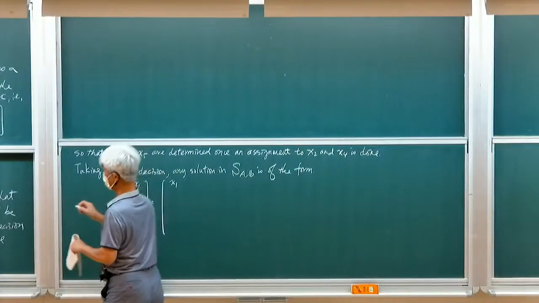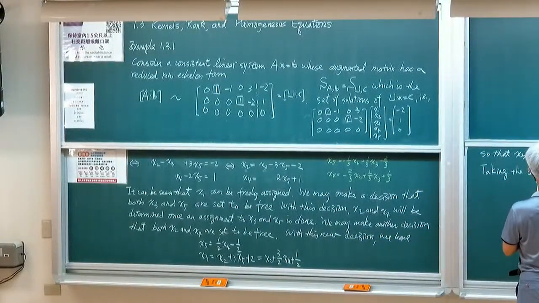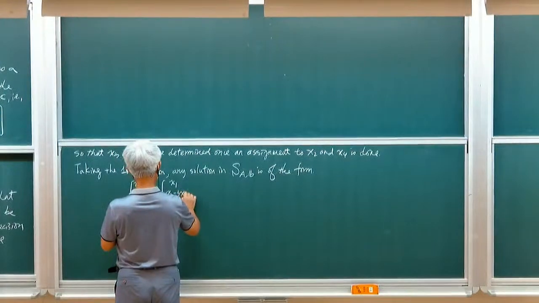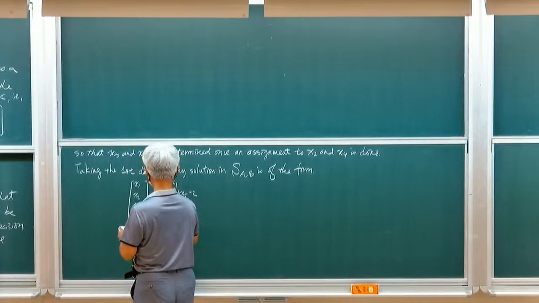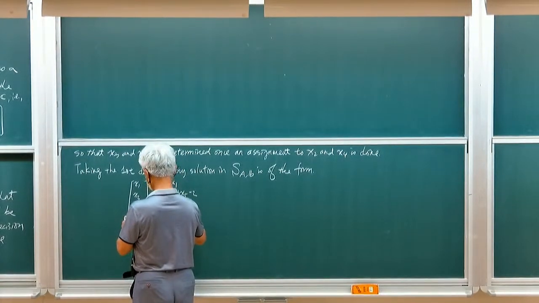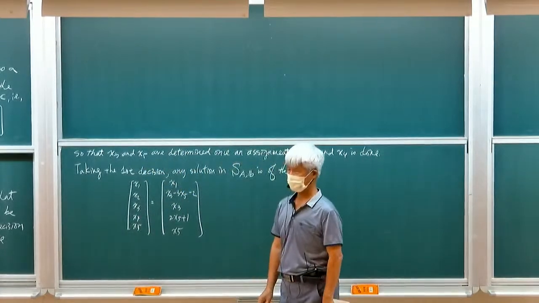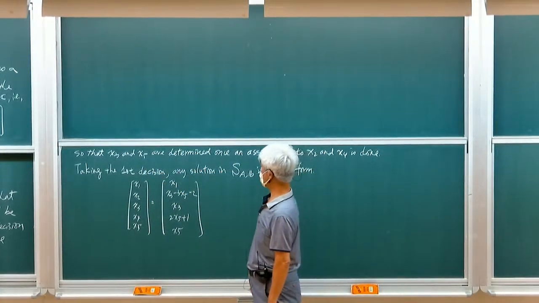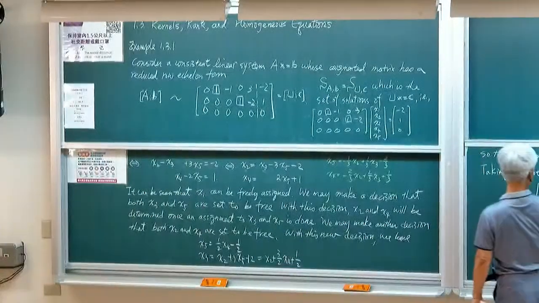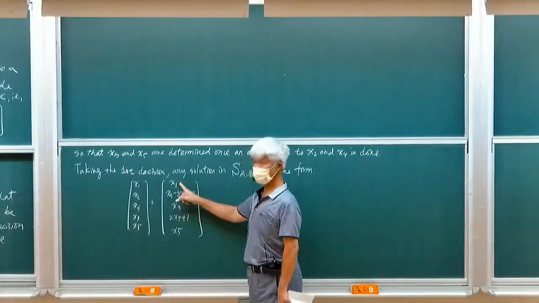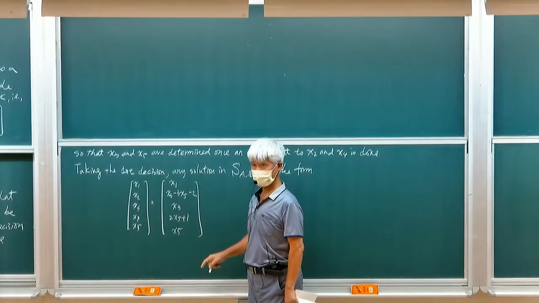And x2 is x3 minus 3x5 minus 2, and you have x3. x4 is 2x5 plus 1 and x5 here. Because we choose x3 and x5 to be free, okay? So that x1 can be assigned freely, x3 and x5 can be assigned freely.